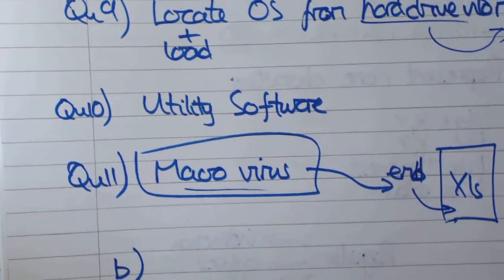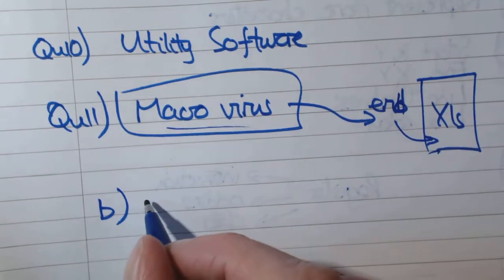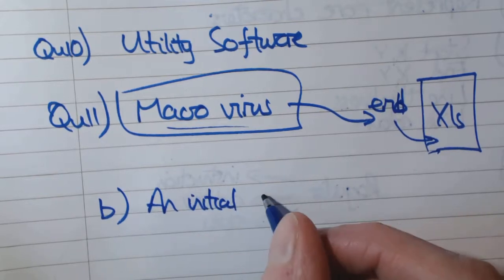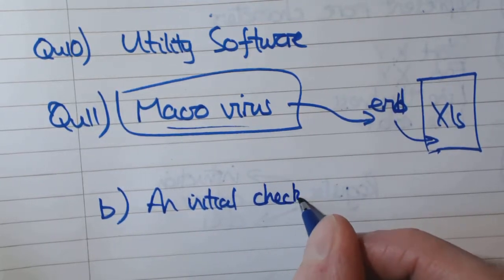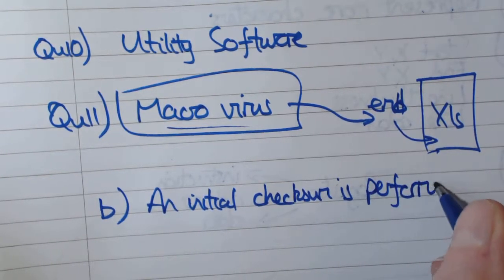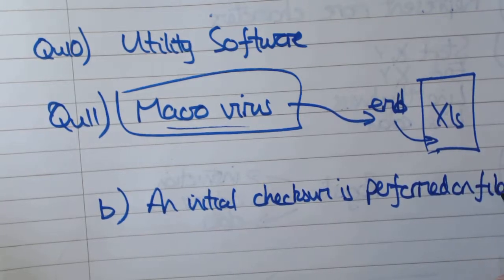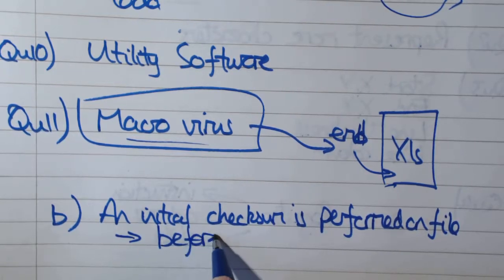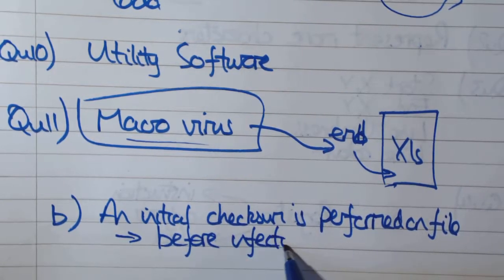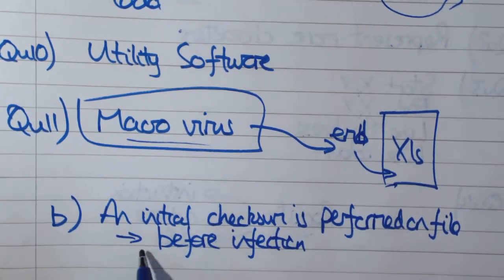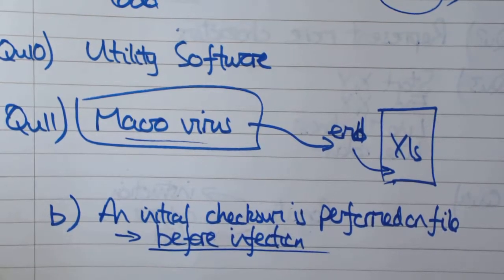And what actually happens is, the initial checksum is performed on the file. Okay, and this is before infection. So essentially look at the contents of the file and perform a wee checksum on it before, and a second one is actually done after it's been opened.